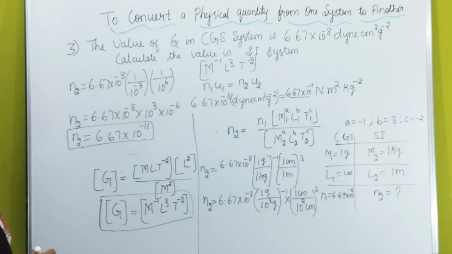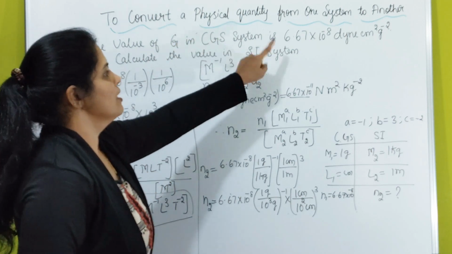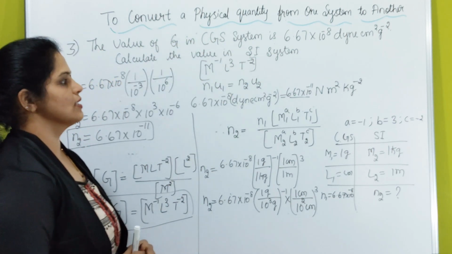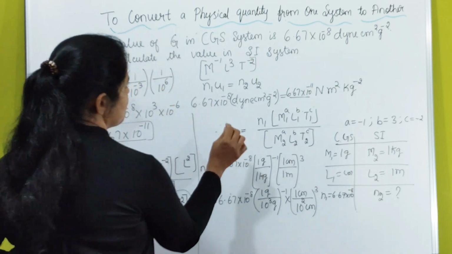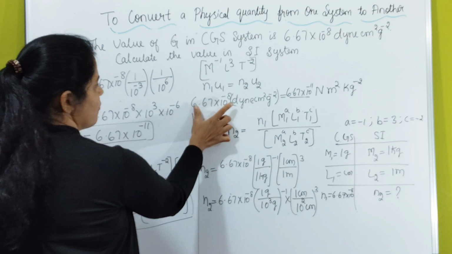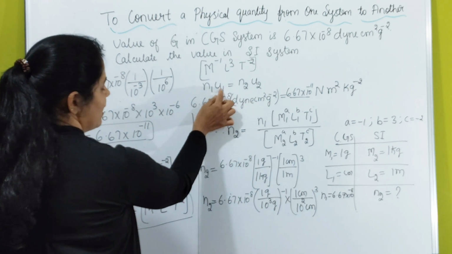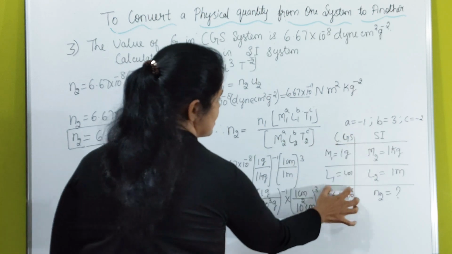Like this, we have converted the CGS system of G into the SI system. Is it clear, students? While converting, you have to be careful. N1 U1 is N2 U2. You have written the CGS system first, so all 1 means M1, L1, T1, N1, all these are CGS.